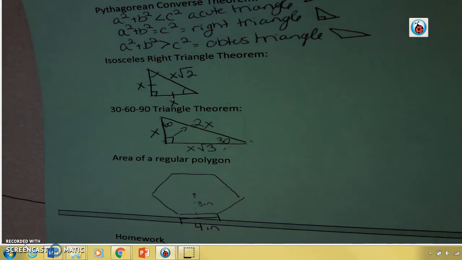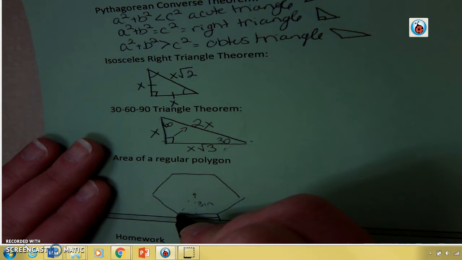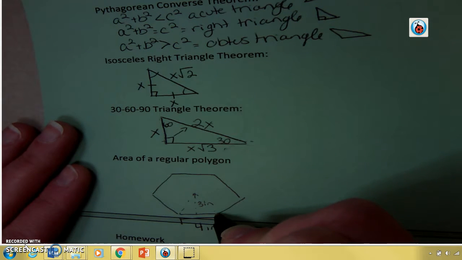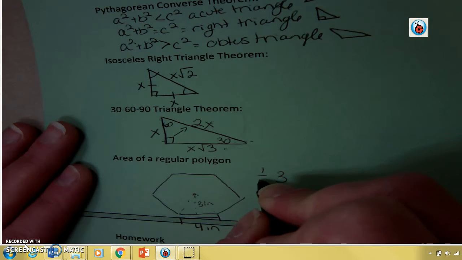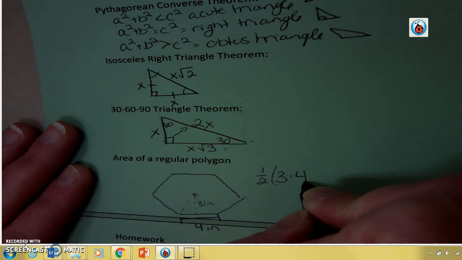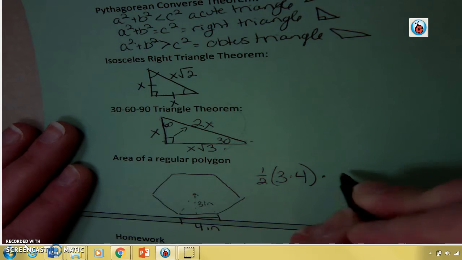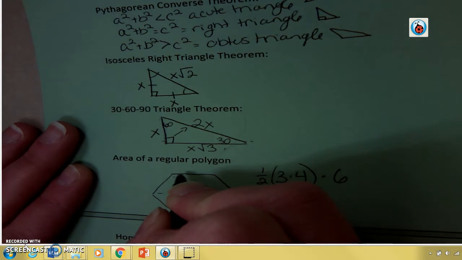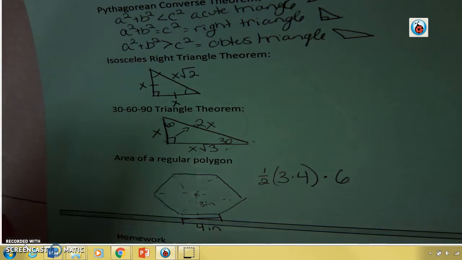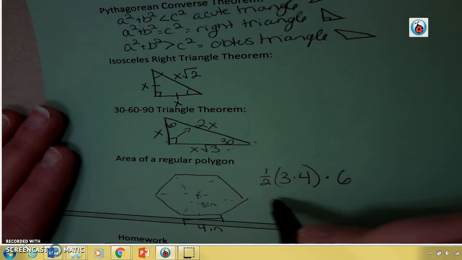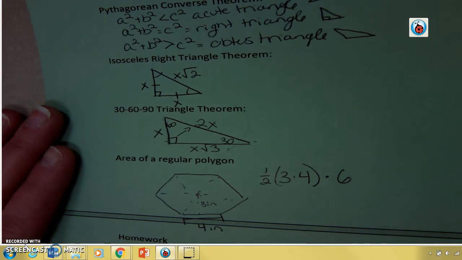So kind of the longer way to do it is to say, look, I have a triangle, and that would be 1/2 of 3 times 4, 1/2 base times height. And then I would take that times 6 because I would have 6 of those triangles. I can find the area that way. Not too bad. Some people would prefer to do this, and that's just fine too.